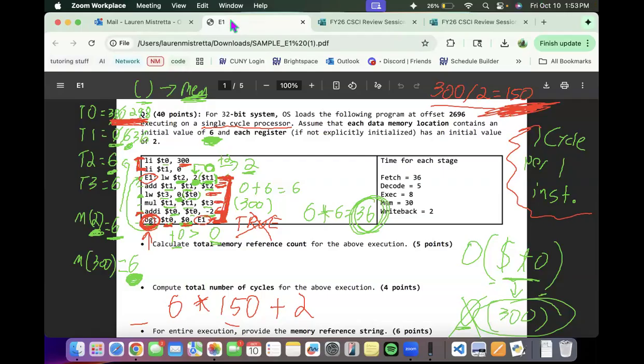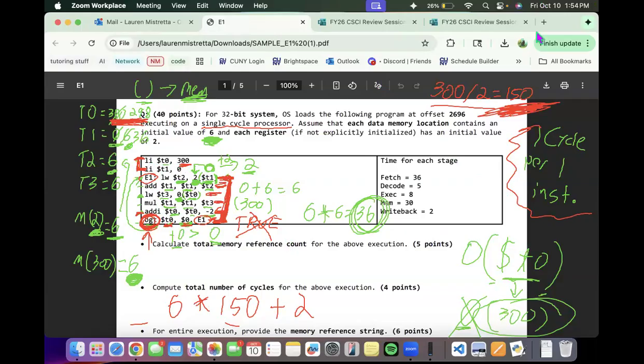Alrighty. So with that being said, what is the final answer for the first question? Total memory reference count. We had a fetch for everything. Actually, wait.